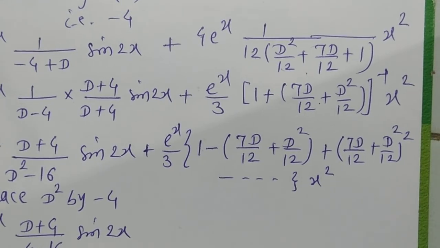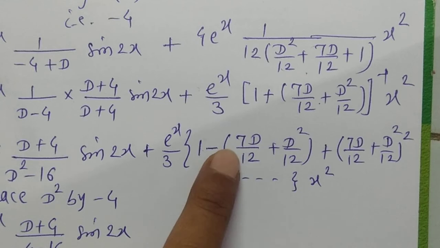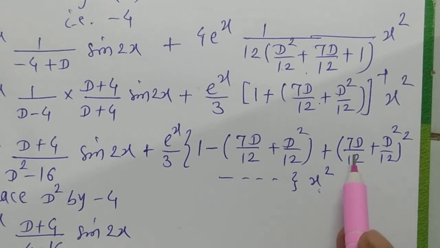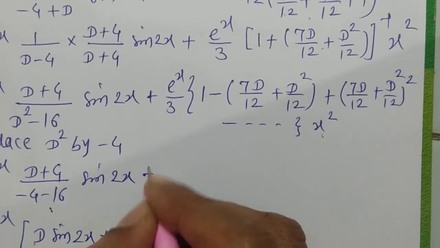Now up to which power of D we have to simplify? That depends on the power of the polynomial. Here we are having x square. That means we have to expand this expression up to terms with D square. Okay. So we'll write it.